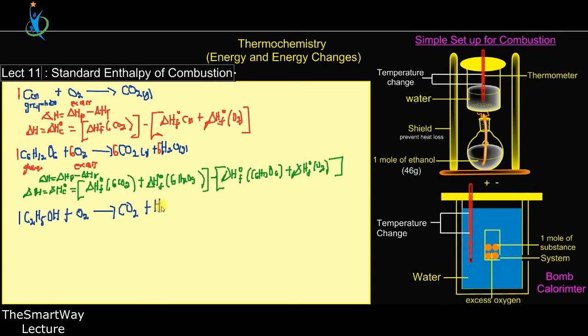So hydrogen will also separate from the carbon, and they will transform to give me carbon dioxide and water. They will all come out in the form of a gas. That's why I'm writing that.